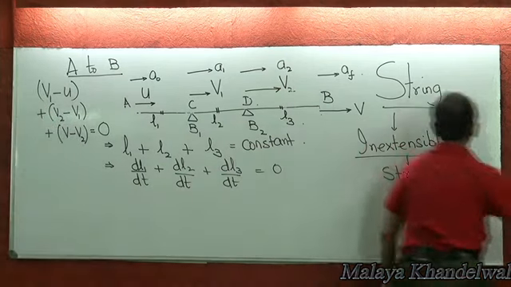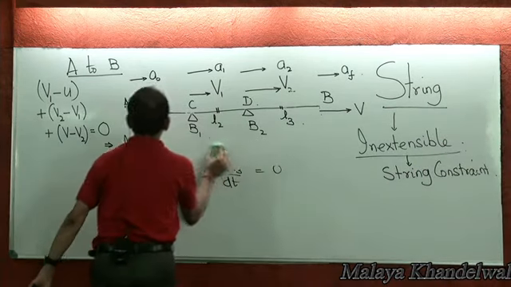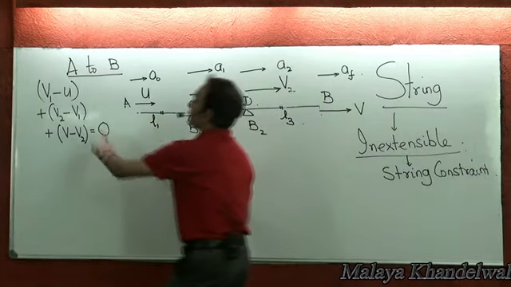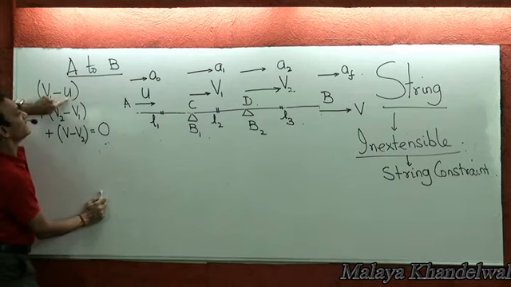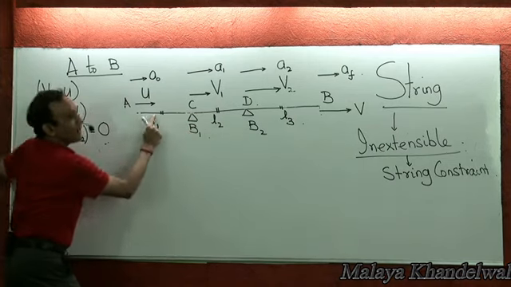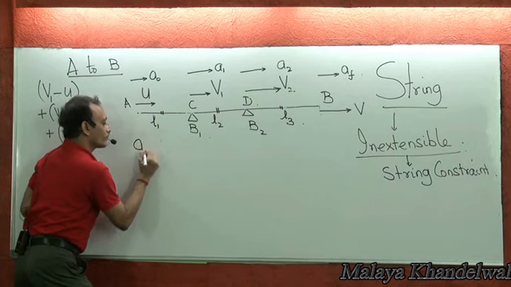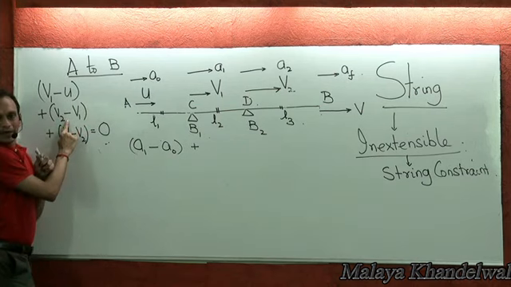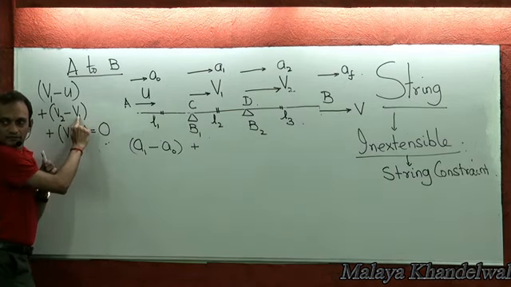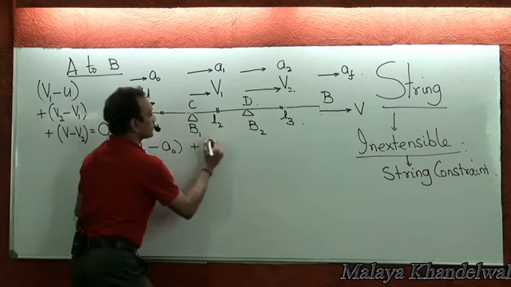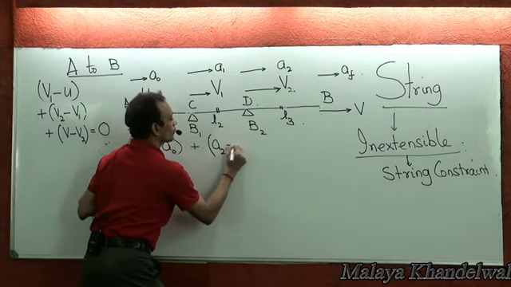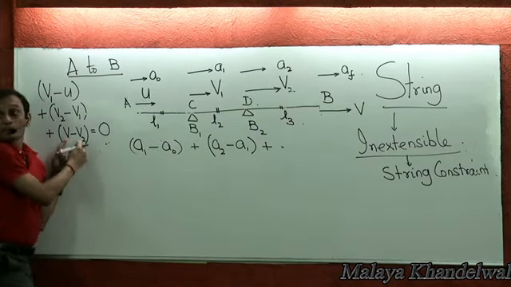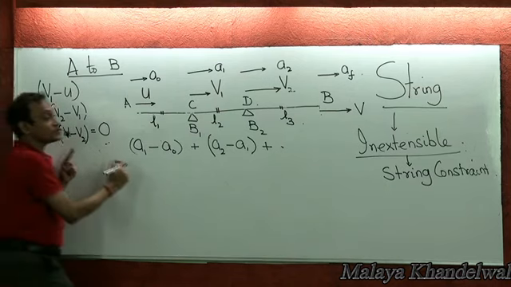That means the same stuff, if I differentiate this with respect to time, I get a1 minus a0, differentiating this with respect to time, a2 minus a1, this with respect to time, af minus a2.